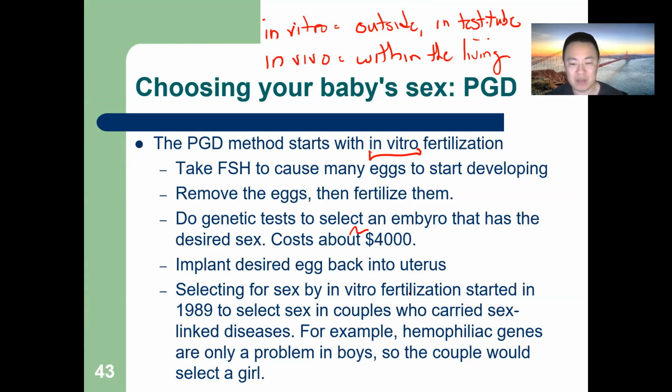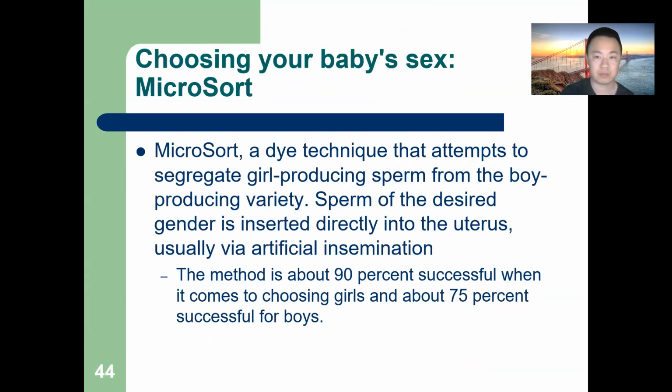Selecting for sex by in vitro fertilization started in the late 1980s to select sex in couples who carried sex-linked diseases. For example, hemophiliac genes are a problem in boys, so therefore the couple might want to take advantage of this technique to choose for girls instead, so they don't have to have a boy and then have the boy suffer from that.